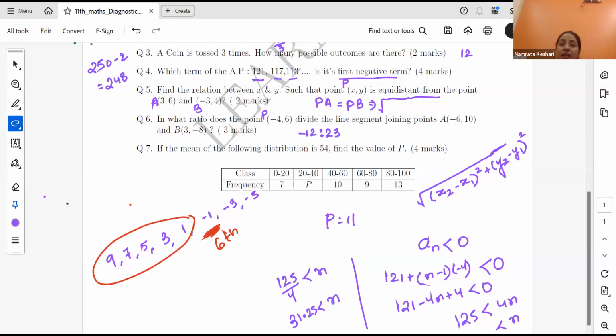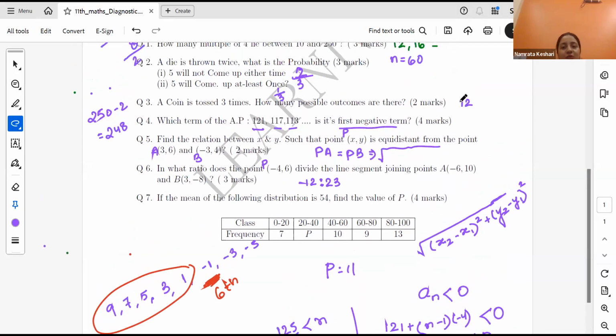Yes, Miss. Then why are we getting an answer like this? Because n bigger than 31.25 means the possible values of n will be 32, 33, 34, 35. Why so many answers? Because all those terms will be negative. Making sense? Yes, Miss. And the first negative will be 32.